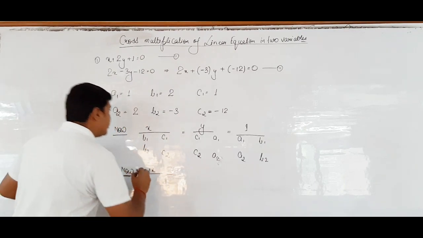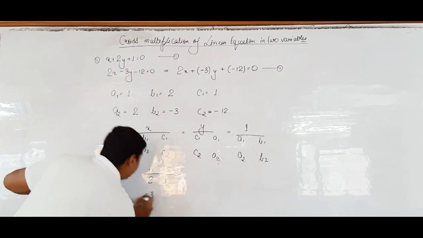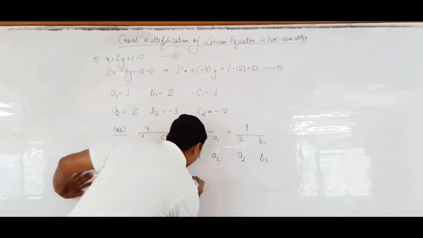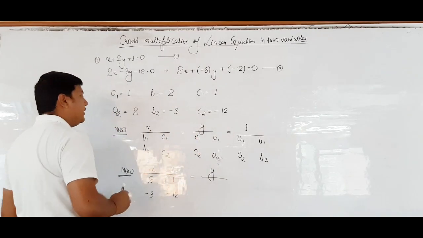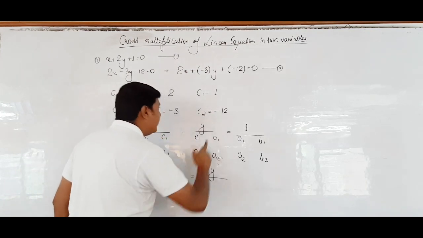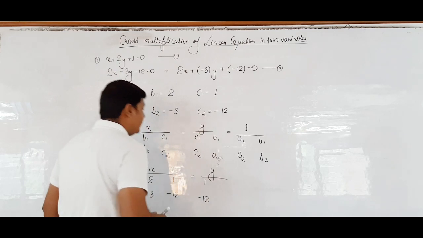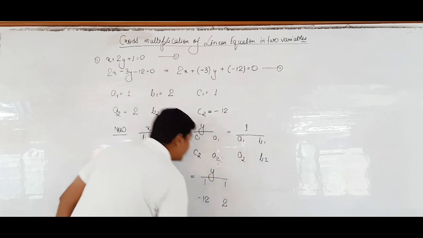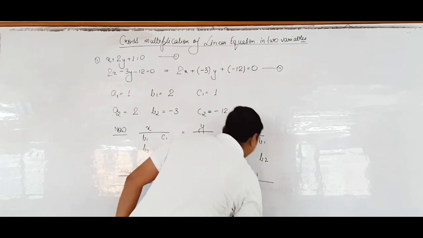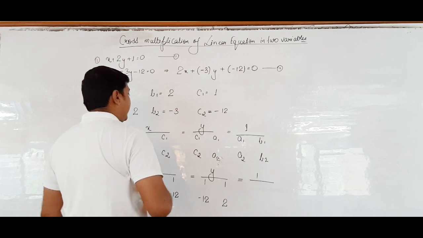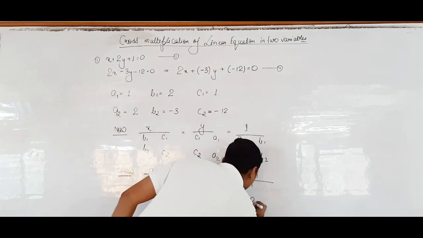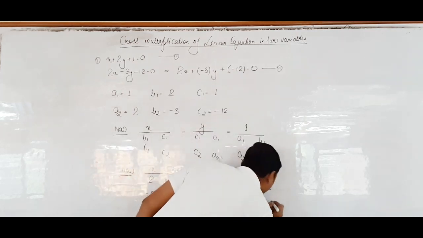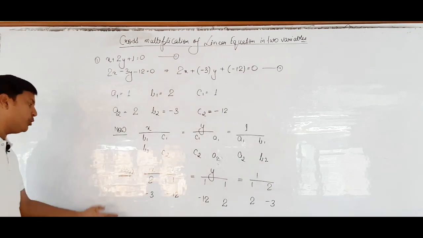So it's 2, minus 3, 1, minus 12, by c1 it's 1, minus 12, and a1 is 1 and a2 is 2. Now 1 by 1, 2, b1 is 2, b2 is minus 3. Now we do the cross multiplication.